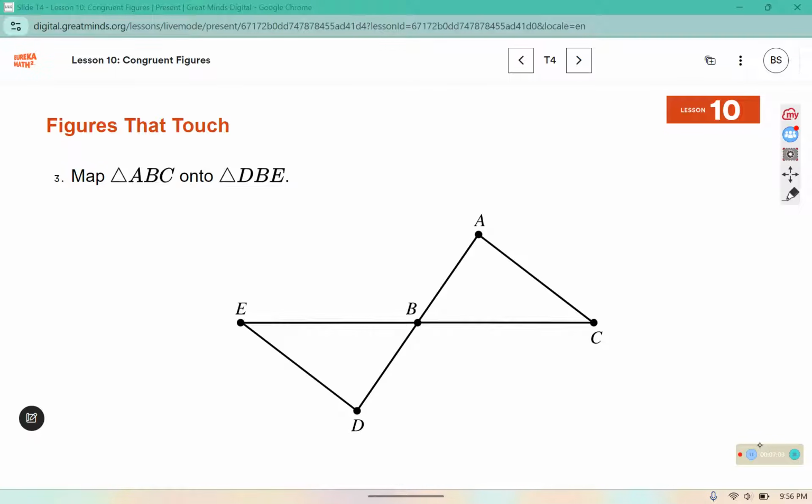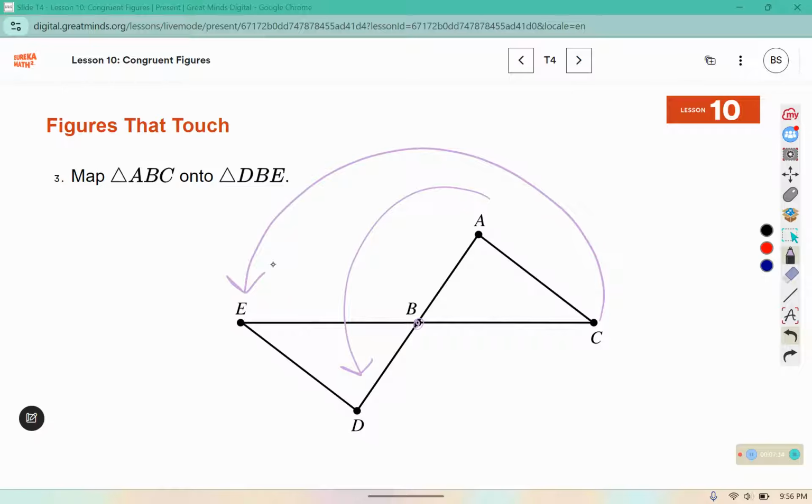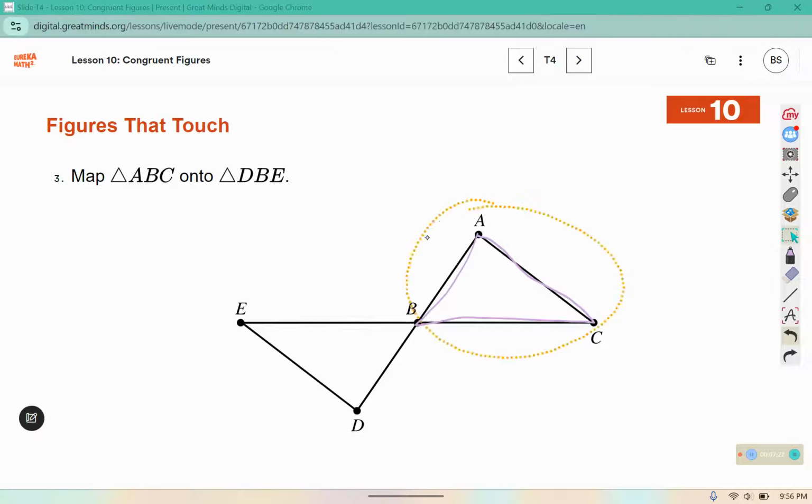In this one, we want A to move to point D. We want B to be lined up with B, and we want C to move to point E. This appears to be a rotation to me, and it looks like they are going to rotate 180 degrees.